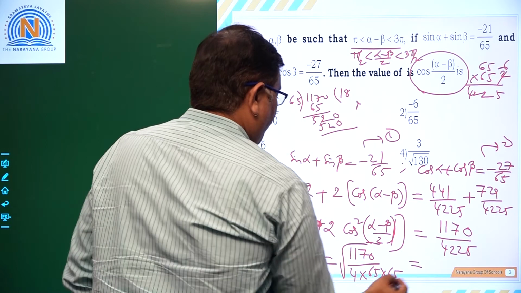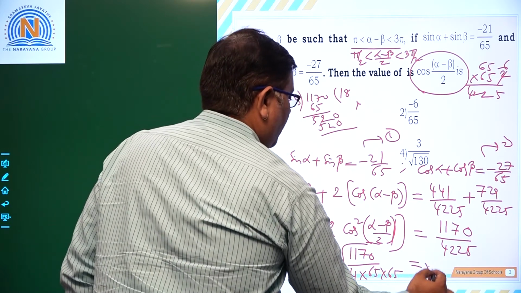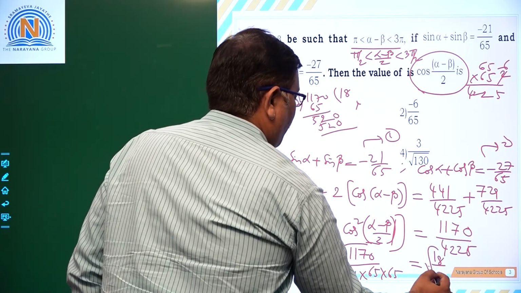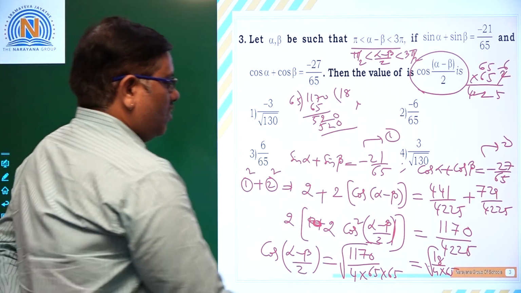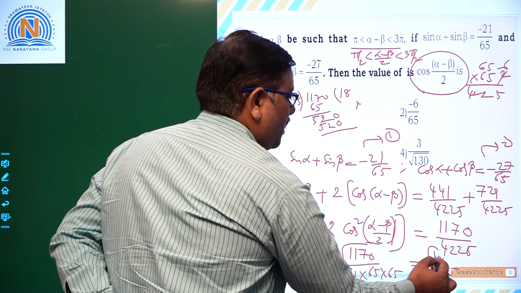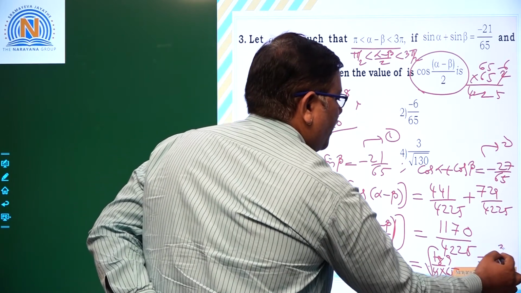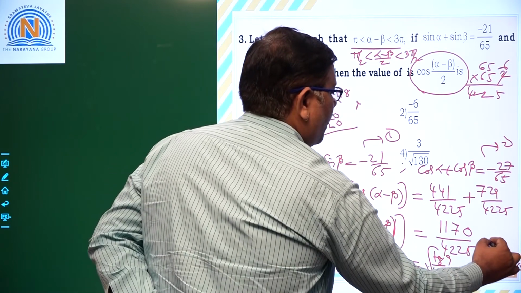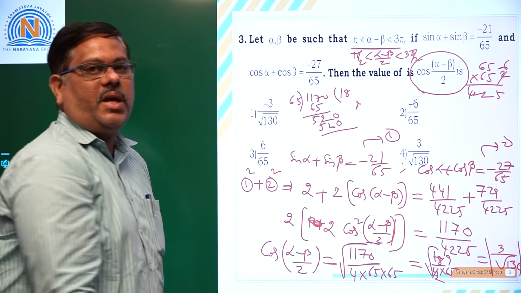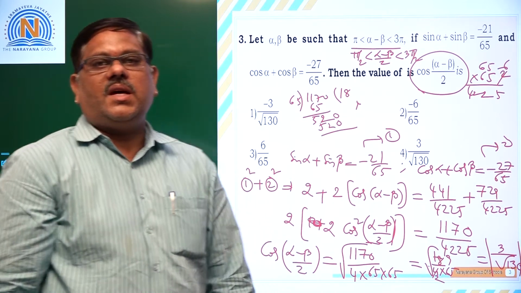So it is simply under root of 18 by 4 into 65 is possible for this. So 2 ones are, 2 2s are, and 2 9s are. So that is simply 3 by under root of 130. Modulus of roots, because we are removing root there. Mod of 3 by root 130 is the answer for that.